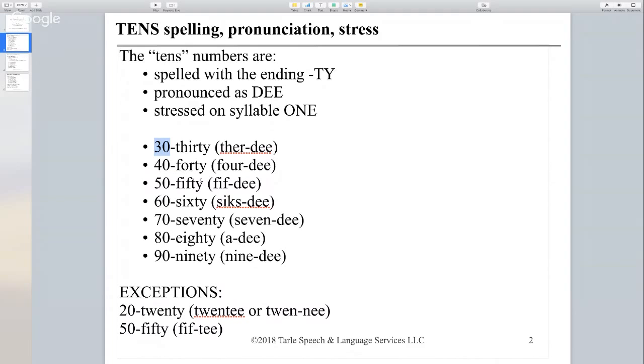Yes, so 70, 80, and 90 all have the D sound. Okay, last time for these. Whoops, trying to stop. Oh, I think can you all hear me? I think I just muted myself. Am I back up?